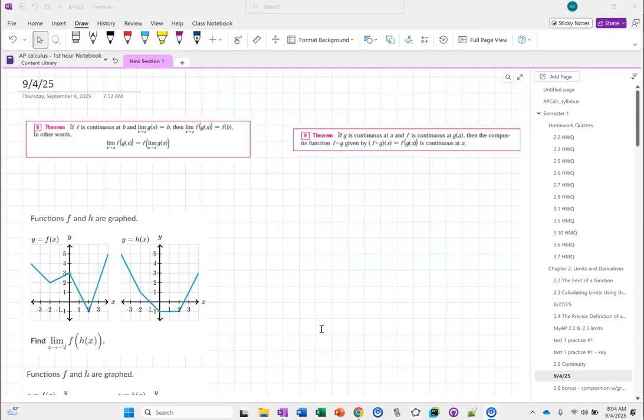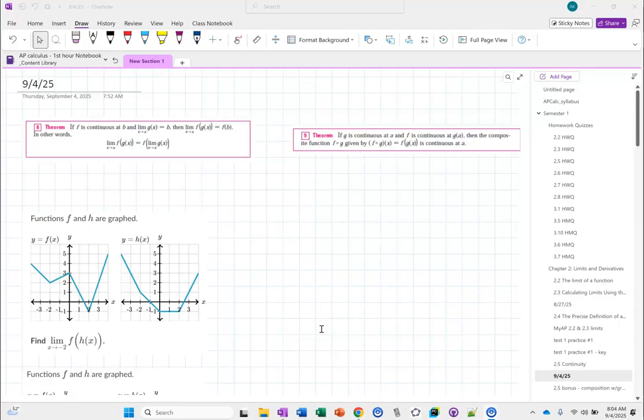I want to start here by just looking at some fine points on these two theorems that we mentioned yesterday. The one is that under certain conditions, I can push the limit inside of a composition. And then under certain conditions, if I compose two continuous things, the result is going to be continuous as well.